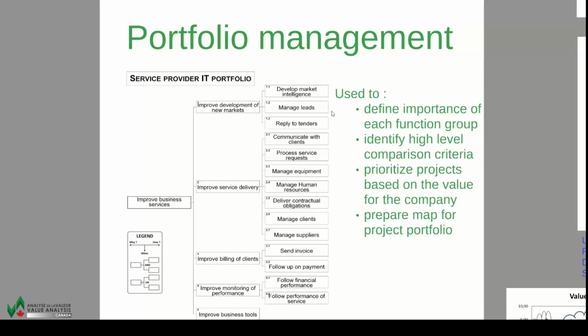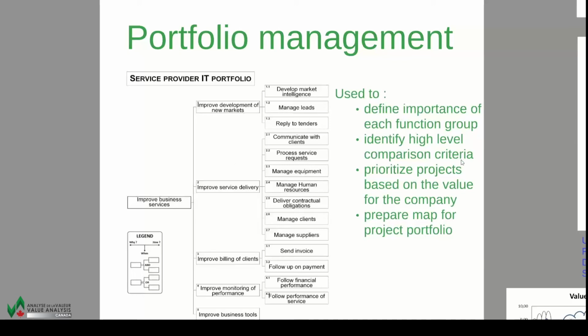And we used also that to, first of all, define the importance of each group, each function, based on how it influenced the business itself, the survival of the business, let's say. We compared the different functions to set the importance level of each.